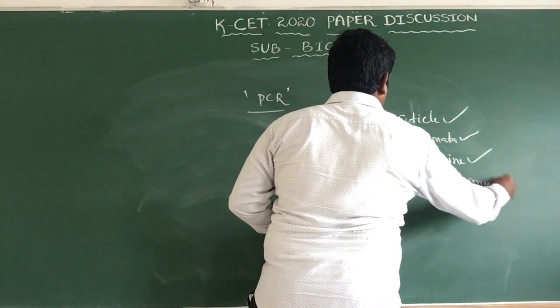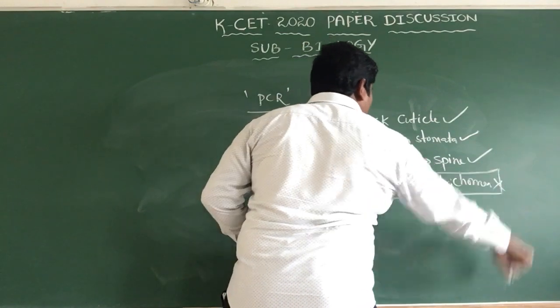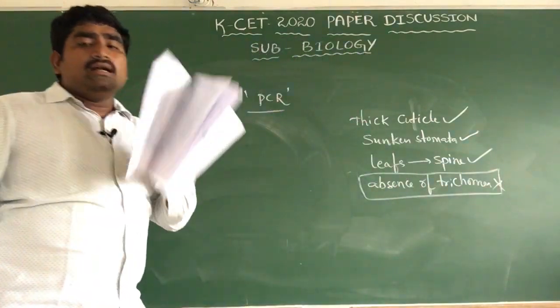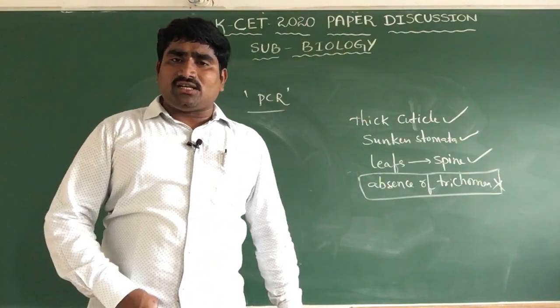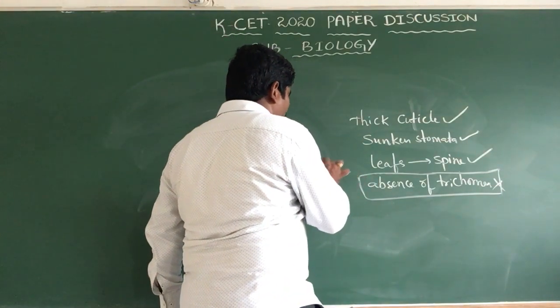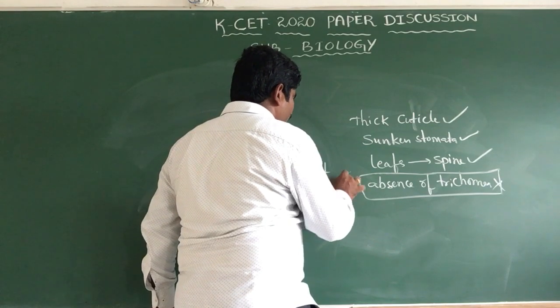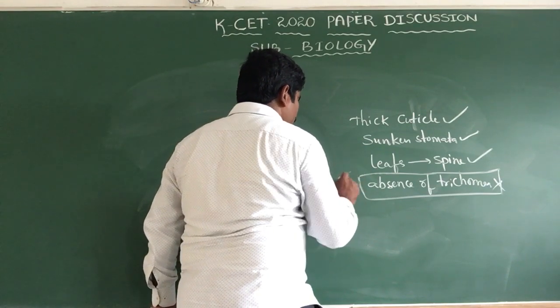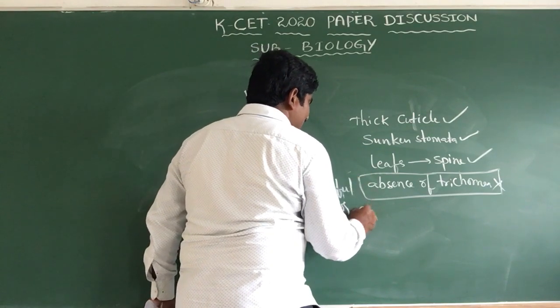Absence of trichomes is not useful, because the function of trichomes is to reduce transpiration. If trichomes are present, it is useful for desert life.